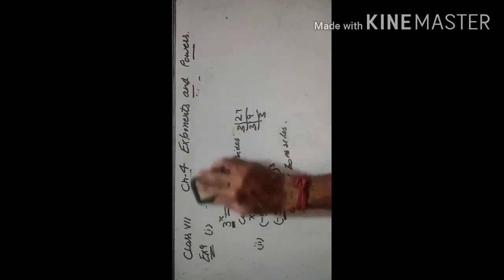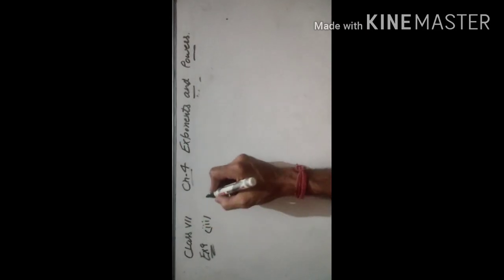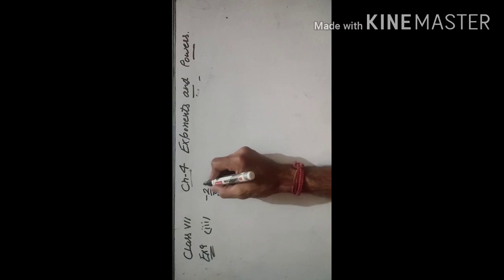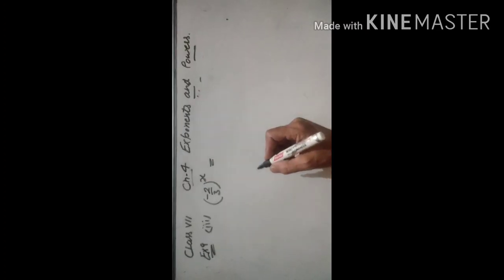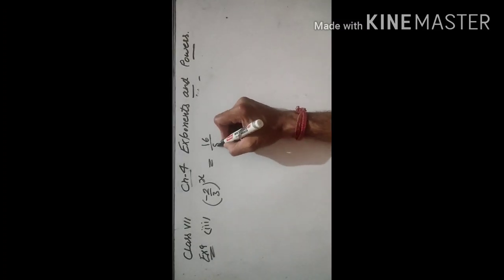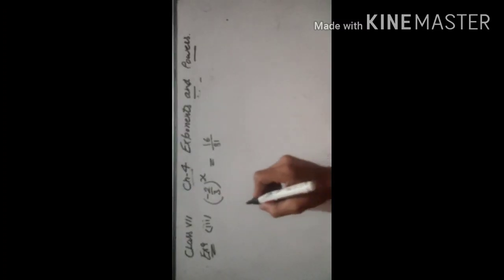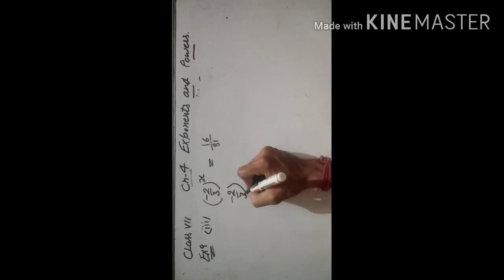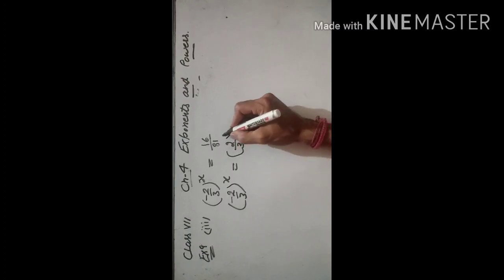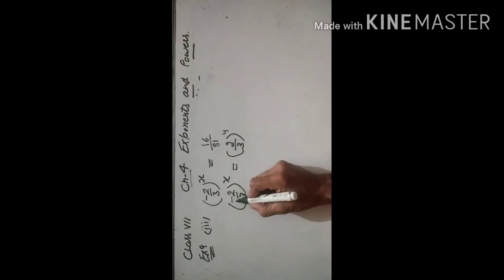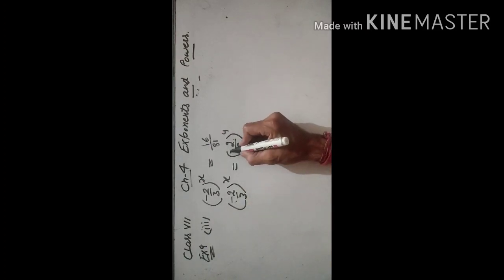Now next part is third part. Third part is minus 2 by 3 to the power x is equal to 16 by 81. Now minus 2 by 3 to the power x is equal to 2 to the power 4 by 3 to the power 4, but base is not same because minus sign is there, so we put a minus sign here.